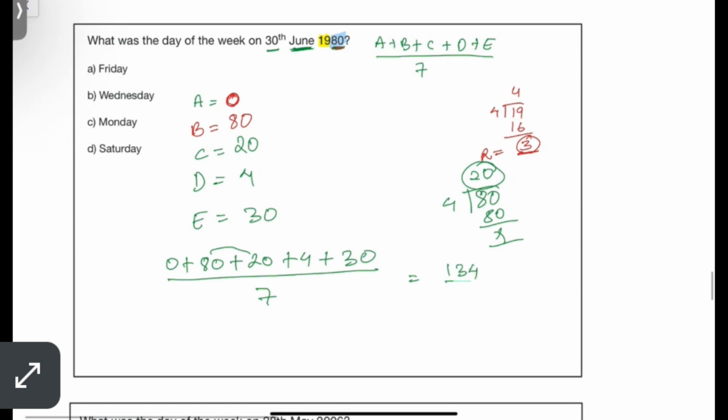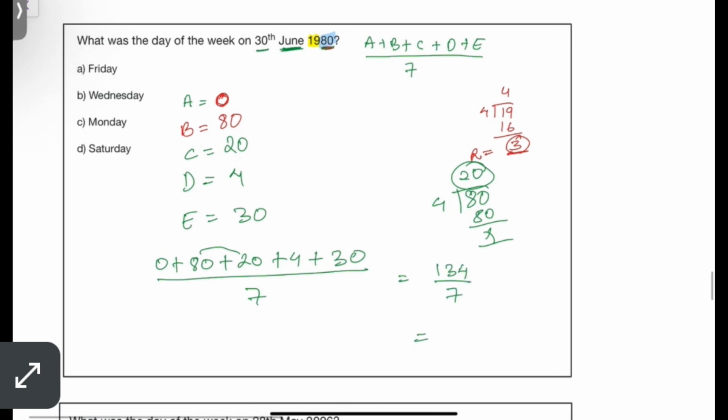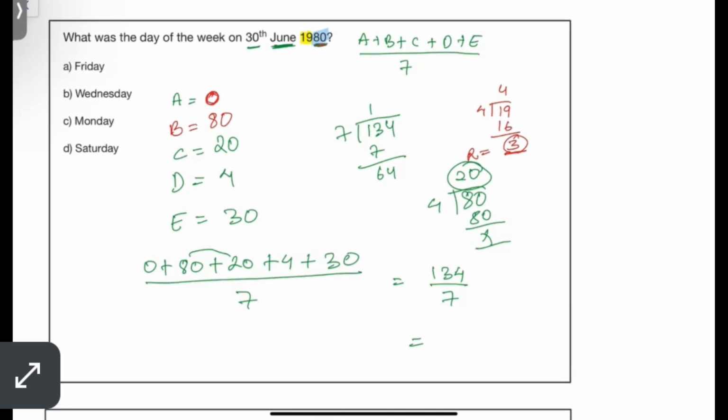134 divided by 7. When we divide this, we need to get the remainder. 134 divided by 7: 7 nines are 63, so the answer here is 1, which means 1 odd day.